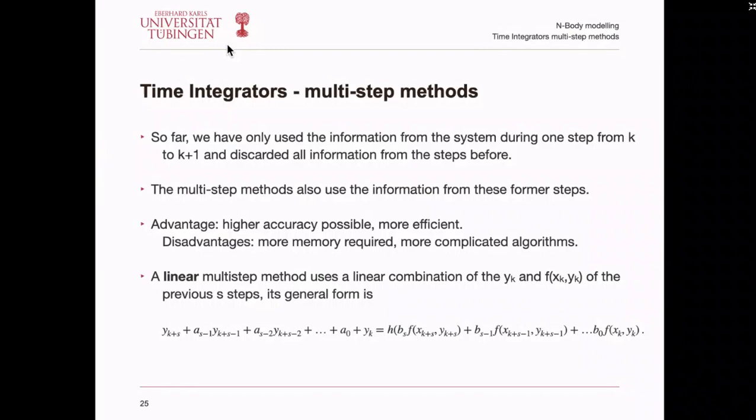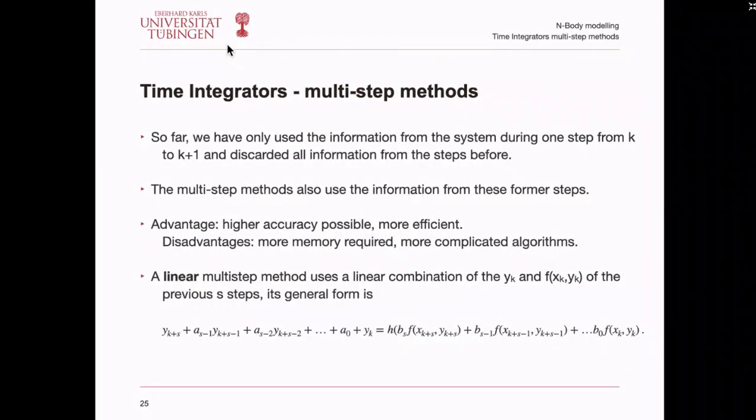This leads us to the so-called multi-step methods, which also use the information from a defined but arbitrary number of former steps. The advantage is clear: higher accuracy and more efficiency for not much more computational effort, because we have already gained this information.